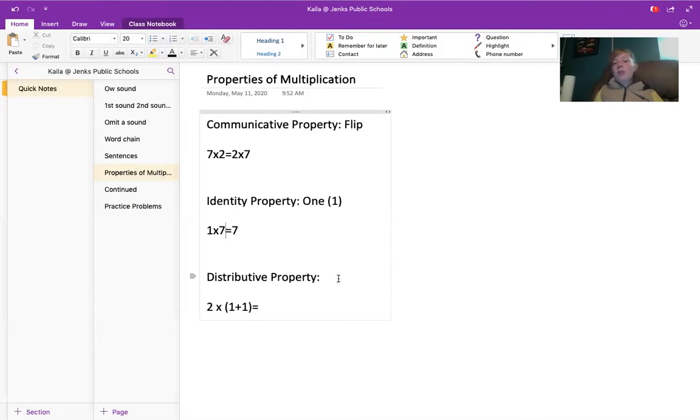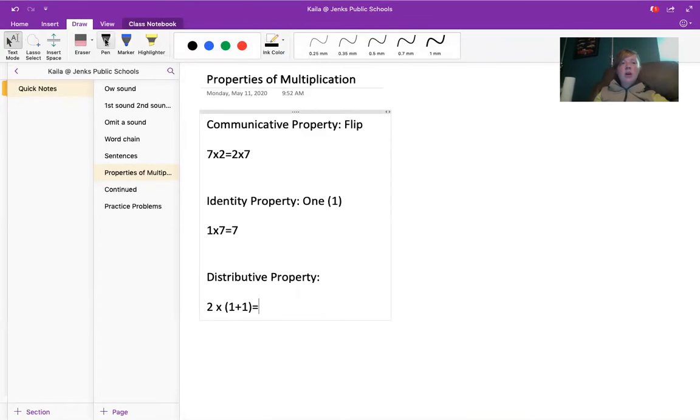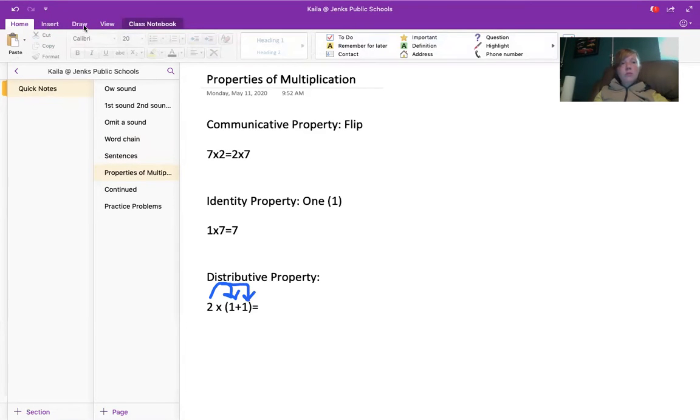Now, distributive property is a little bit different. We still have a group, but this time with multiplication, our number on the outside of the group is going to multiply into it first. So I'm drawing my little arrows. Before we add the numbers inside, we have to multiply.